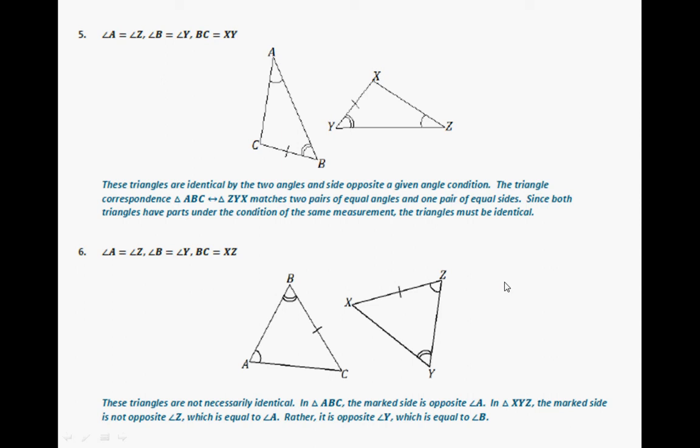For our last one, we are given two angles and an opposite side. That is not one of our conditions for unique triangles, so therefore these are not necessarily identical. A is to Z, B is to Y, and BC is to XZ, but that's not one of our conditions.